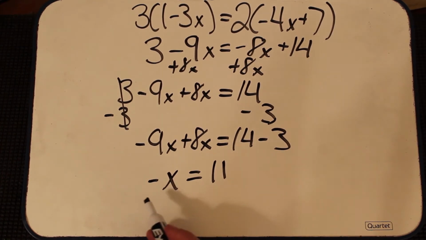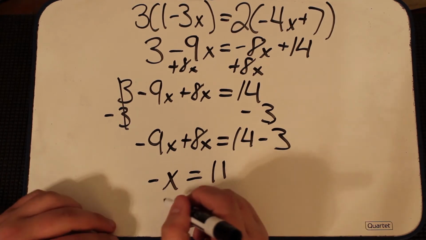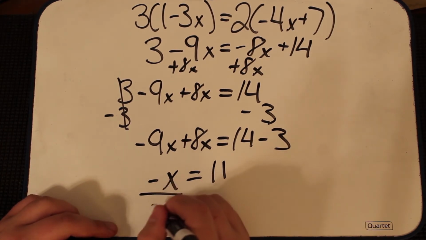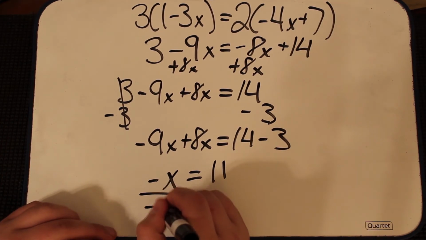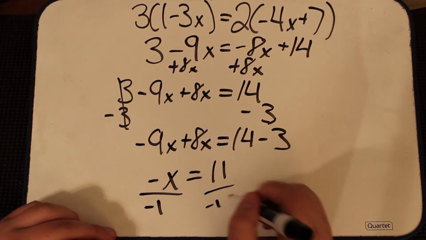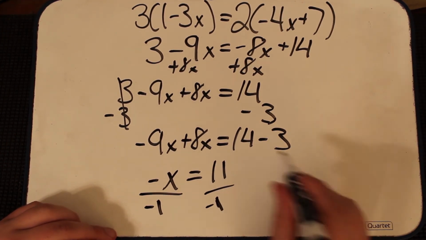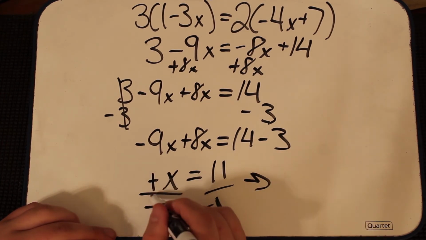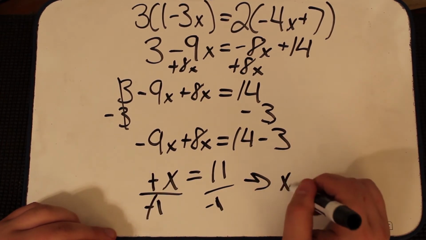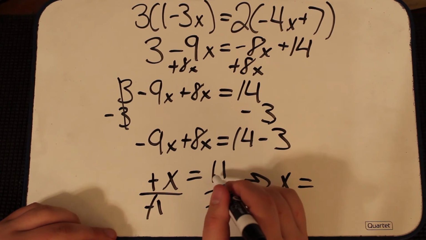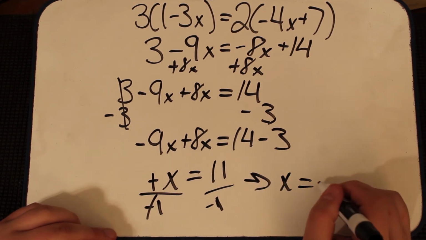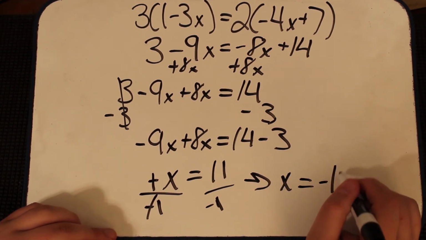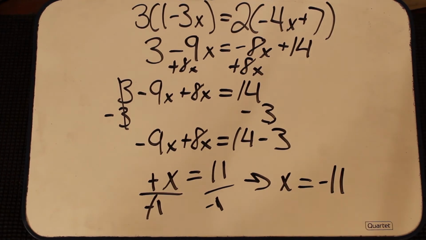But that variable is still negative. So we have to divide or multiply, either or, by negative 1. When I do that, our negatives are going to cancel. So you end up with x equals 11 divided by negative 1 would be negative 11.